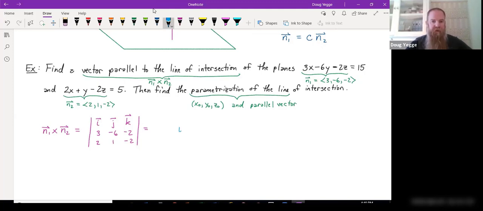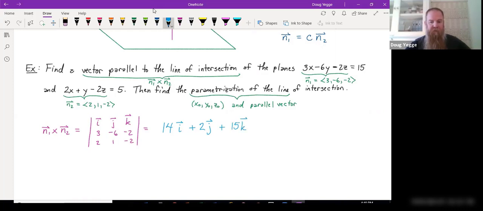Okay, so going back to finding the cross product. In the i direction, we have 12 minus negative 2, which gives me 14 as the coefficient there. Minus, now we cancel out the j and we get negative 6 minus negative 4, or negative 6 plus 4, which gives me negative 2, so minus negative 2, or 2j. And finally, in the k direction, we get 3 minus negative 12, or 3 plus 12, which gives me 15k.